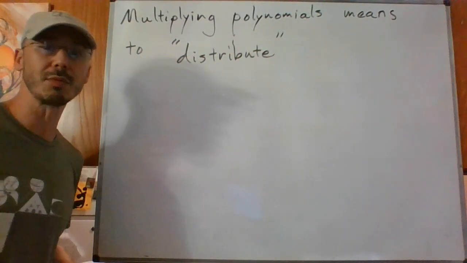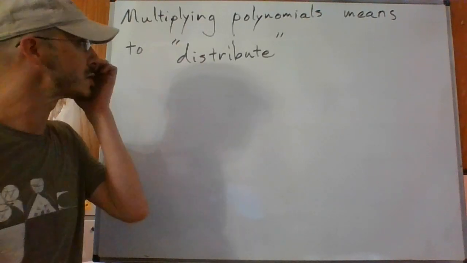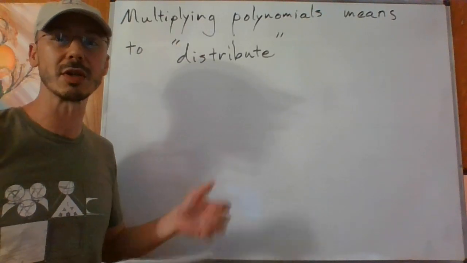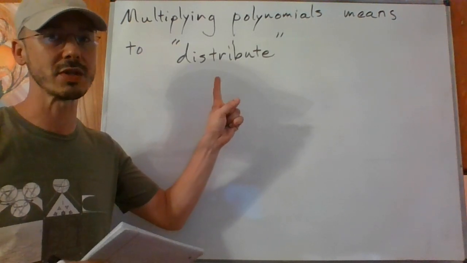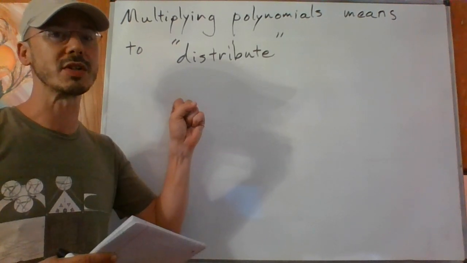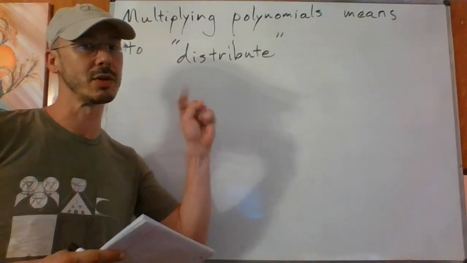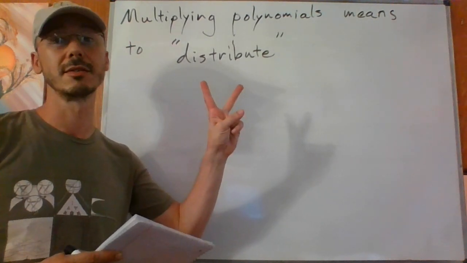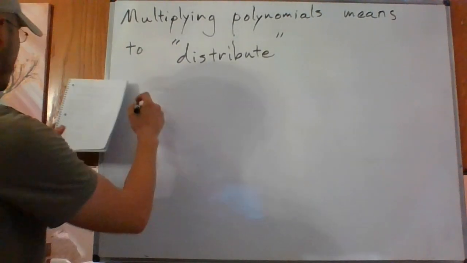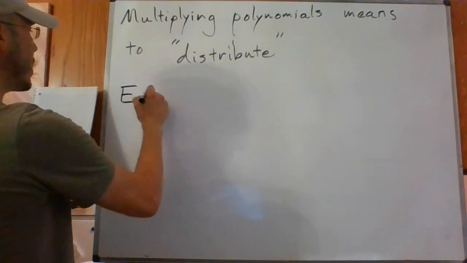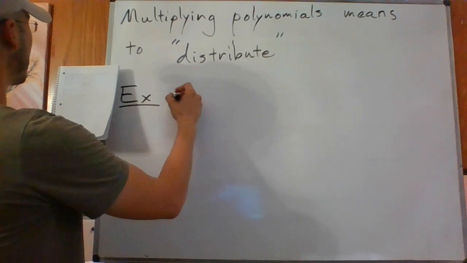And you've done distributing before with numerical expressions. You've probably done it a little bit with variable expressions, but we're going to look at the simple case of distribute first. But there are other situations where we're going to need to distribute and then distribute again. So it's still called distribute or distribution. So let's look at an example of distributing with polynomials.